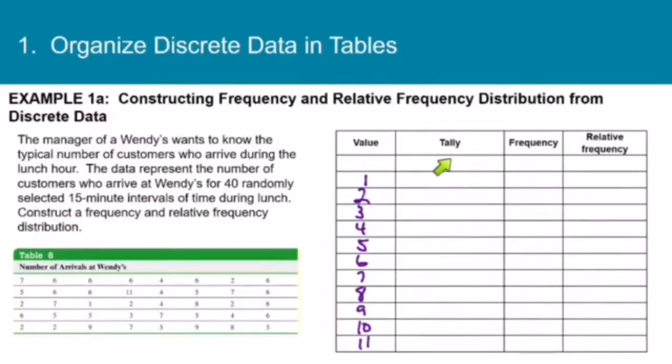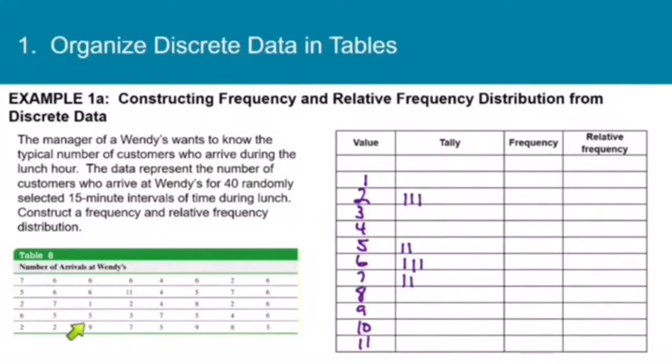Okay, now let's tally the data. And again, I like to go whichever way is going to get me the shortest line of numbers. So I'll go down this table. First we have 7, then 5, then 2, then 6, then 2, and then we have 6, 6, 7, 5, 2.